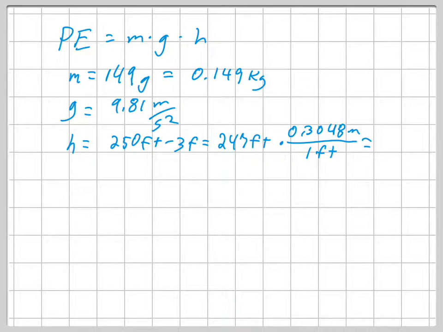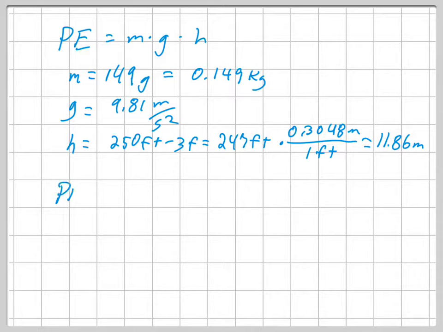Hold on, I've got to calculate that one because I didn't pre-calculate that one. 0.3048 times 247 is 11.856 meters, or 11.86 meters. All right. So it's mass times the acceleration of gravity times the height of the object.